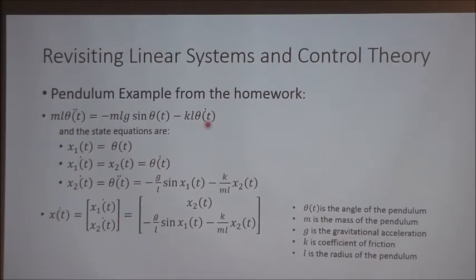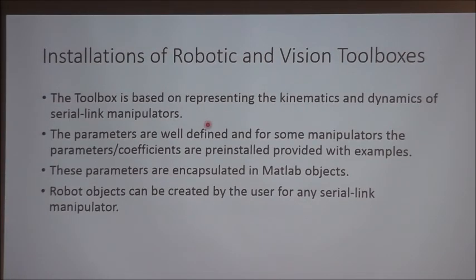And if you look at the coefficients in the last example, for x1 dot I just have x2. x1 dot equals x2, and the rest of it will give x2 dot. And you have to linearize from here. Simply, for a small theta, you can take sine theta equals theta, right? And so forth and so on. Alright, let's take a break here.